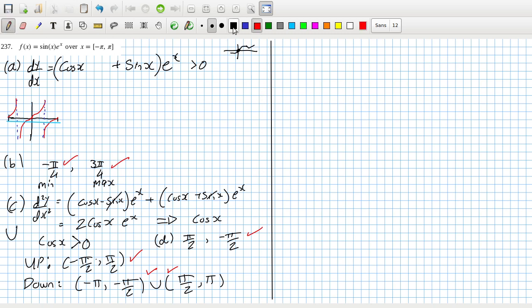Okay, so you want this to be 0. So that means you want cos x plus sine x to be positive. Which means we want sine x to be more than minus cos x. Which means you want tan x to be more than minus 1.